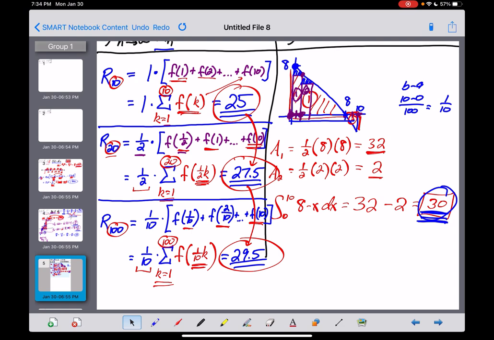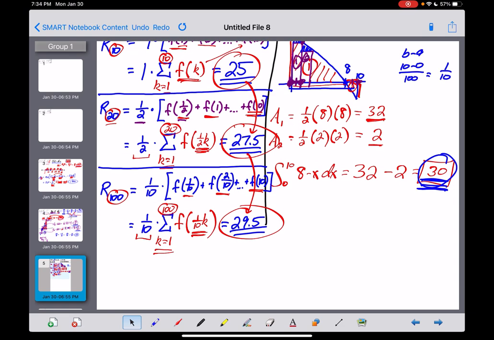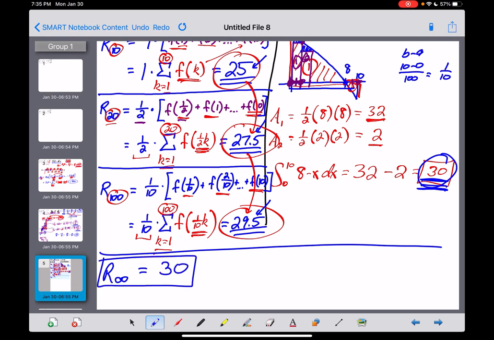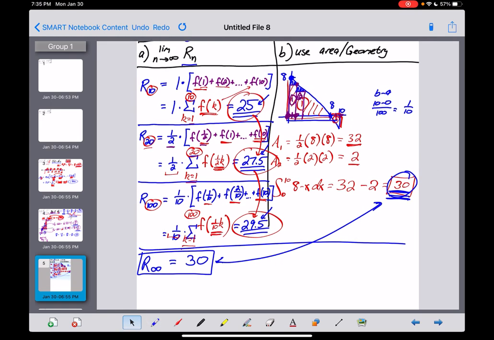So the question here is, everybody, if we look at the pattern right here, I hope it's easy to see that our right approximation values are going from 25 to 27.5 to 29.5. They are converging towards what value, guys? Looks like they're going to a value of 30, which of course matches the answer that we got using geometry like 15 minutes ago.